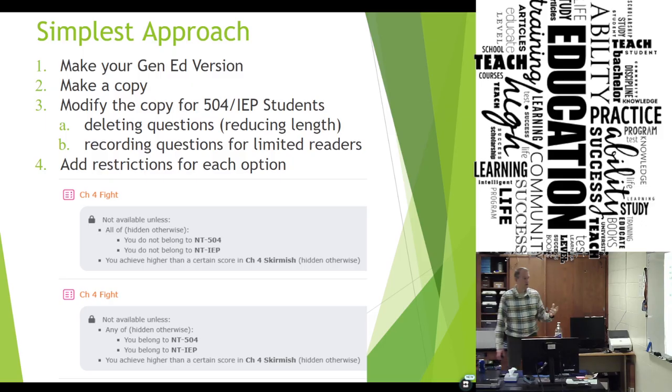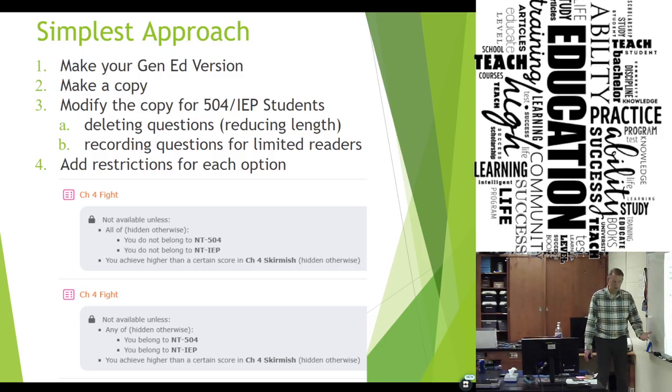I have changed the way I'm doing this from this to the way I'm doing it now. I don't lump 504s and IEPs together anymore. I have a gen ed and I have an IEP. Those are my two versions. However, anybody that has a 504 that's got extended time, I just add them to the IEP group and then they get that.